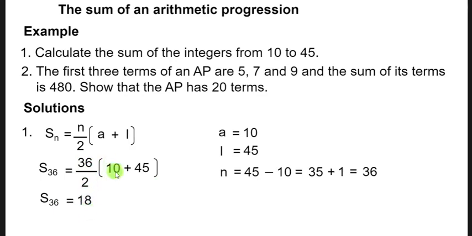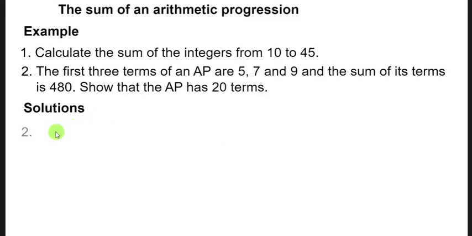Then times this one plus this, which will be 55. All right, then the sum of the 36 terms is equal to 18 times 55, which will be 990. All right, so let's move again to question 2.